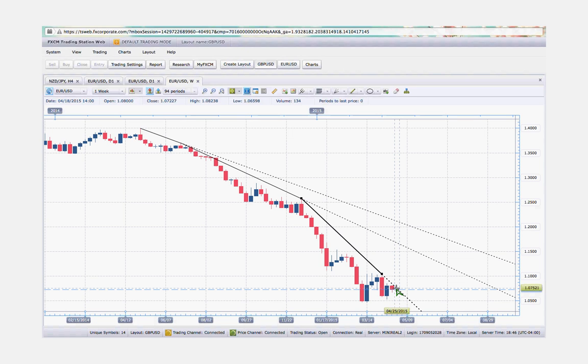So it could potentially break through it to create a higher high, or it could just keep going down.